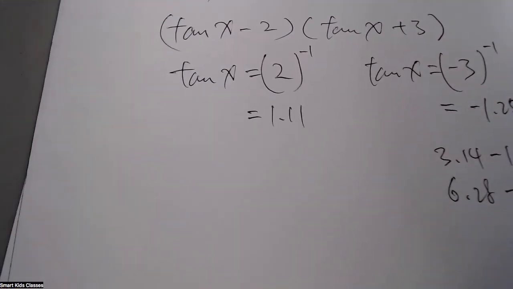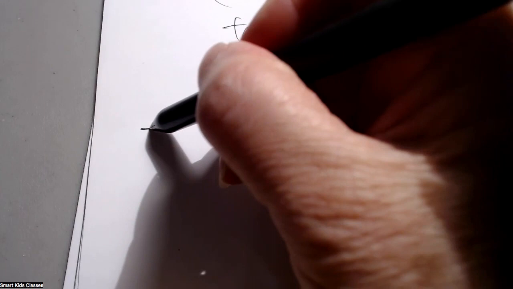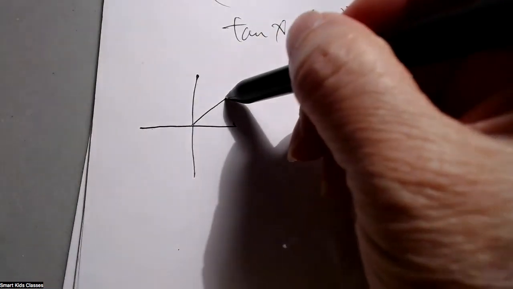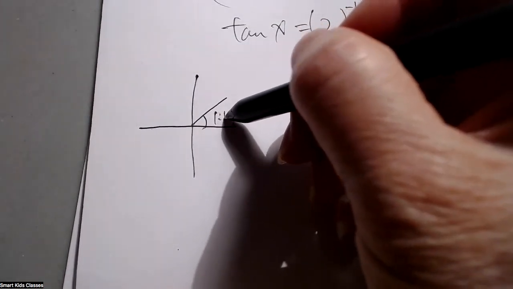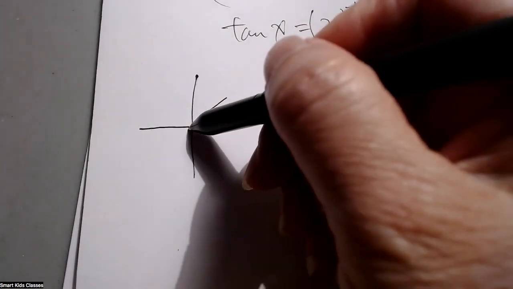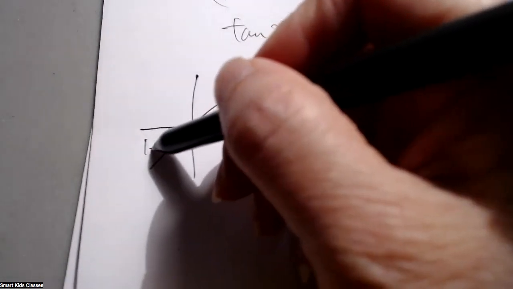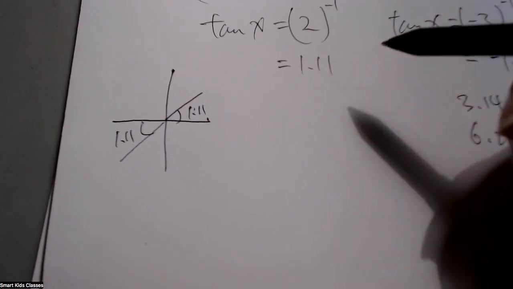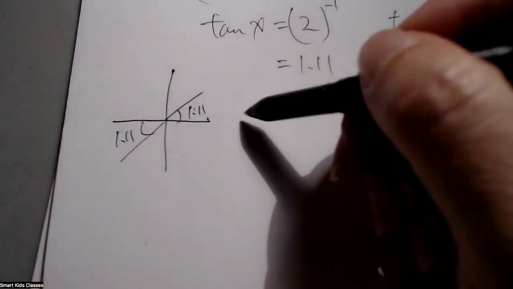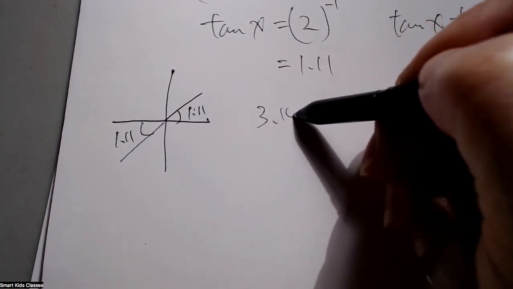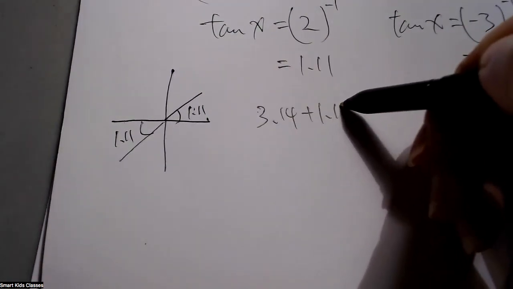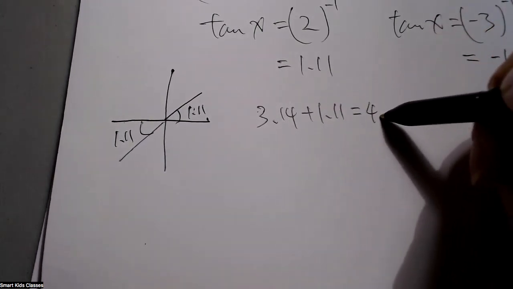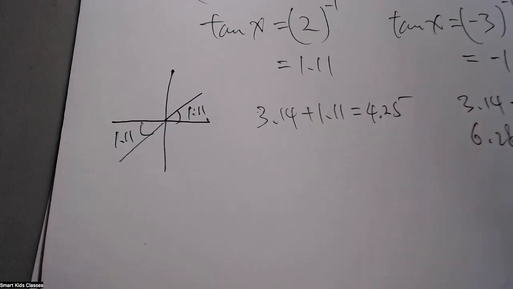Now how about this side? The tan is positive. So we're going to draw a CAST rule. Tan is positive here, so 1.11 radians, and tan is positive here. Therefore, the first angle is 1.11. The second angle is going to be pi plus 1.11, so we are going to get 4.25.